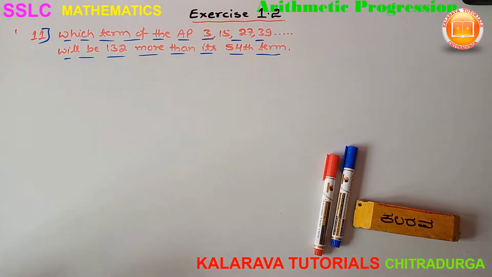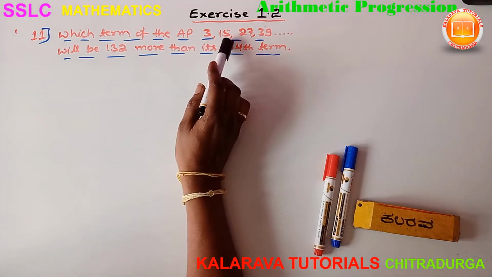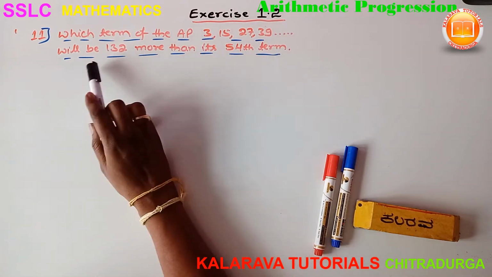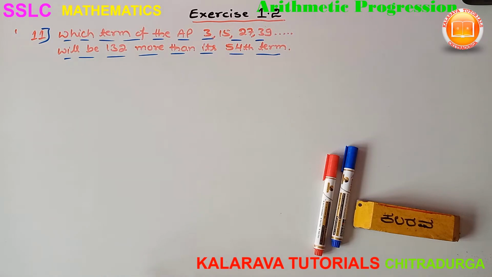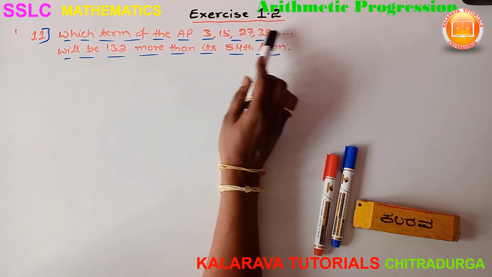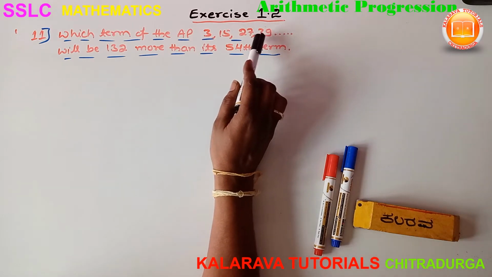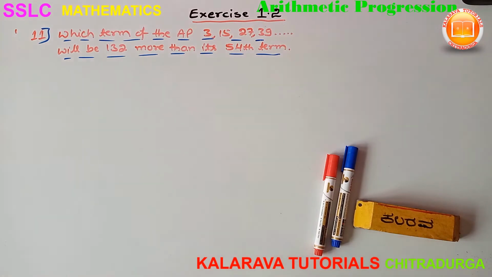So in the 11th problem, which term of the AP 3, 15, 27, 39 will be 132 more than its 54th term? So they given that we have to find out the number of the term here, that is 132 more than the 54th term. So they given the AP here. By using the AP, we have to find out the A and D value.